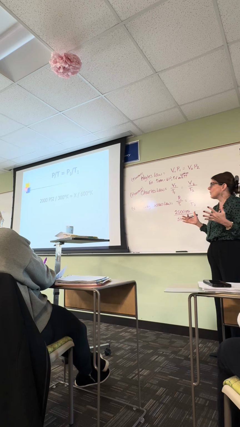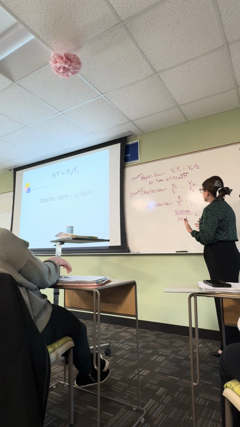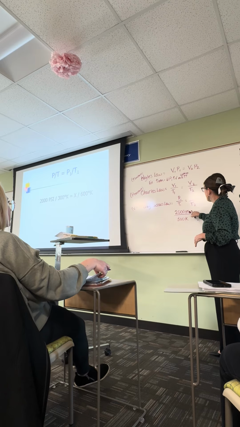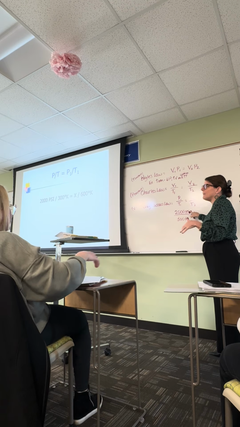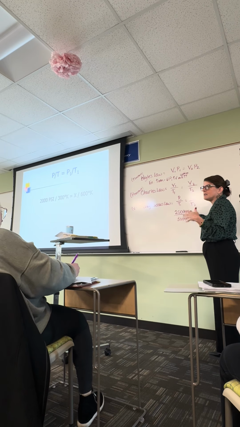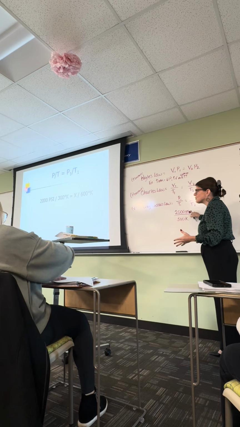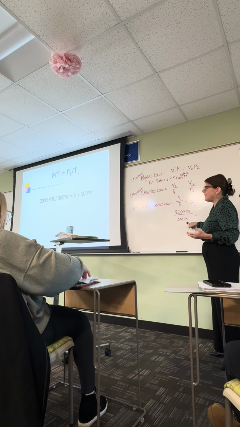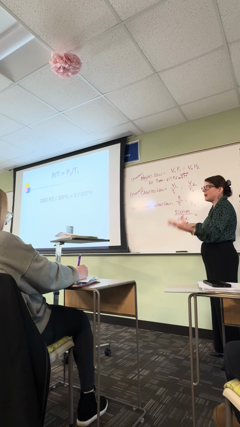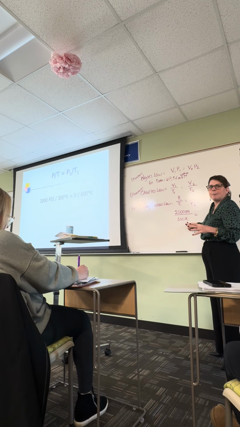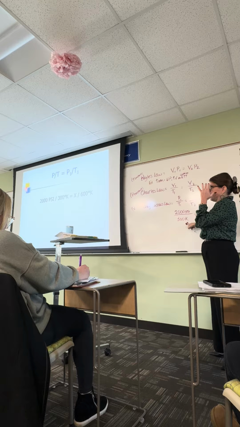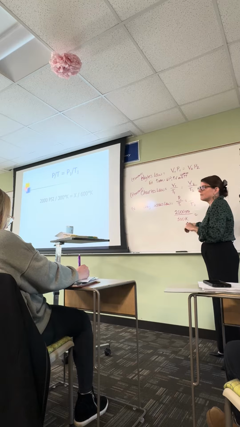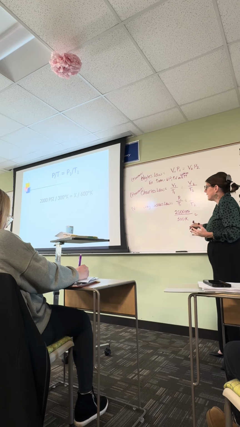This could be PSI, this could be millimeters of mercury. As long as it's a unit of pressure, it doesn't matter which one it is. This could be Kelvin, Celsius, or Fahrenheit. As long as it's a unit of temperature, it doesn't matter which one it is.